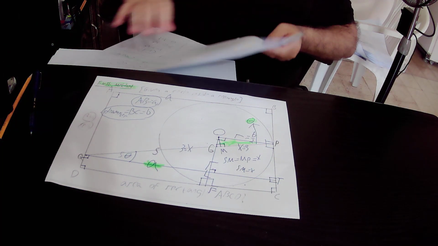We finished with the first question, then I presented to you the second question, and we solved the second question in two different methods. So in the drawing we have rectangle ABCD.